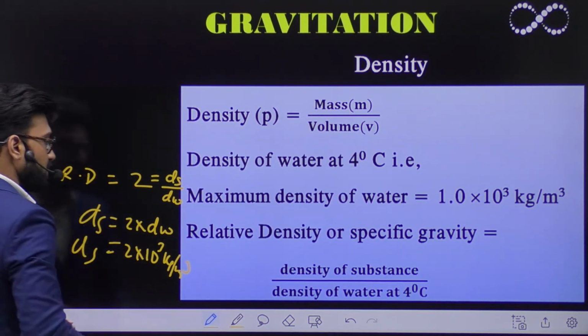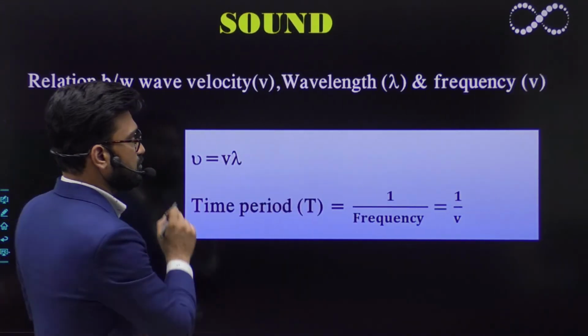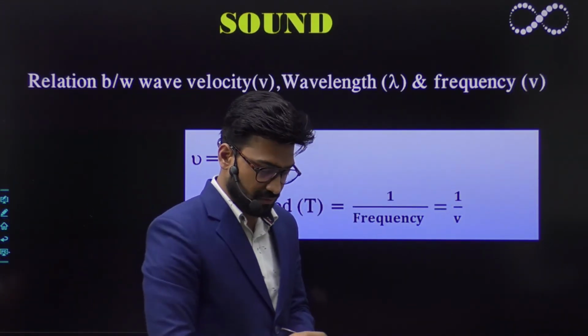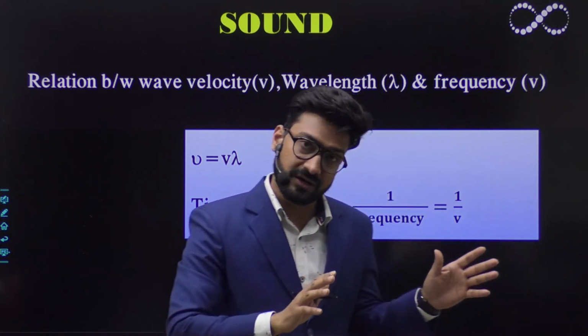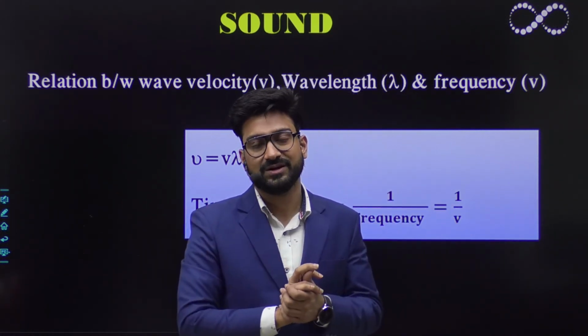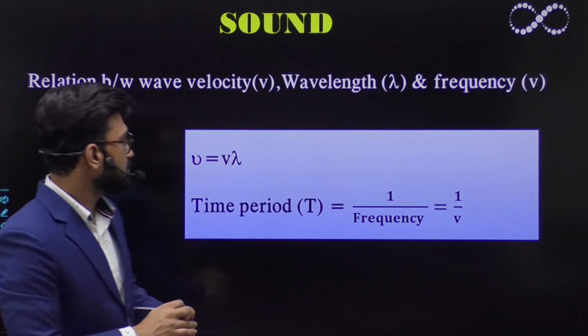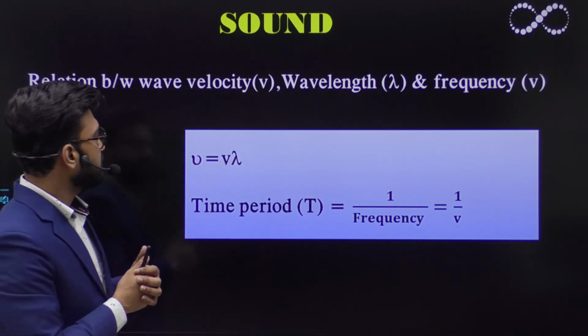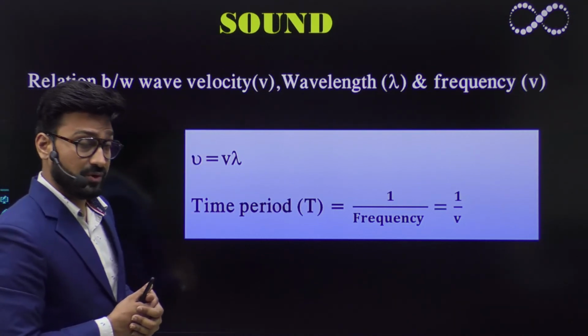Now the next thing you must remember is about the sound chapter, which is not there in your CBSE course, but it is there in your NTSE stage 1 examination. There are a few relations you must remember, such as the relationship between velocity, wavelength and frequency.